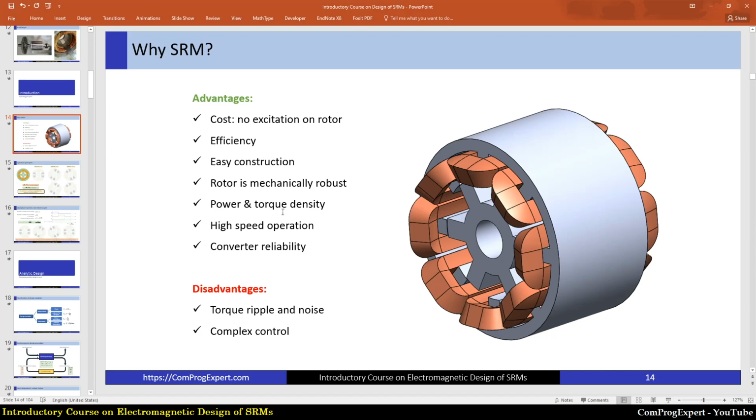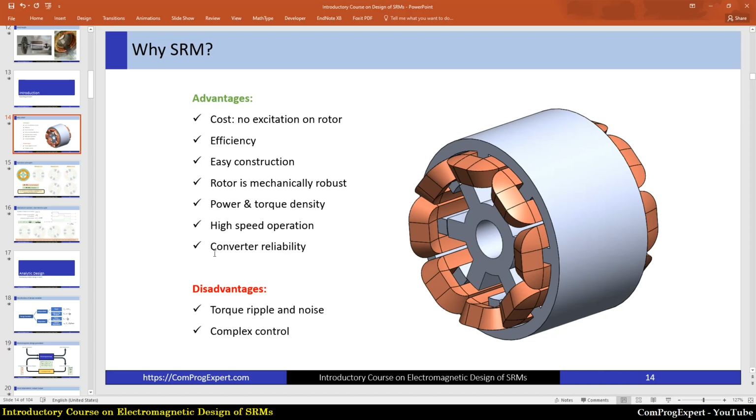If we optimize the design and increase the saliency ratio, we can have a good amount of reluctance torque, right? And actually the torque density is considerable in comparison with the induction motor.